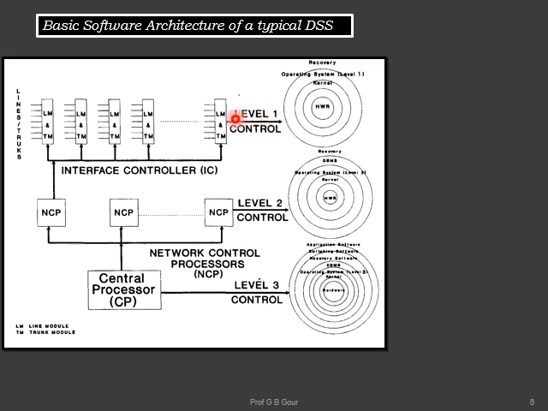Another function controlled at level 1 by the kernel is the interface controller. If you look at the diagrams in the previous slides, refer back to module 4 part 1. The interface controller mainly acts as an interface between these line modules or trunk modules and the fabrics of cross points.